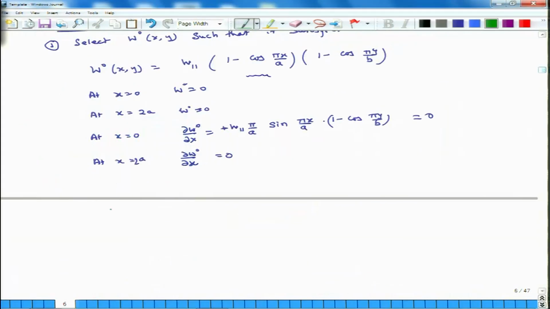Similarly, the other BCs for y equal to 0 and y equal to 2b are also satisfied. Okay. So, the first condition is satisfied. This is the first step. We have chosen a function which satisfies all the kinematic boundary conditions.